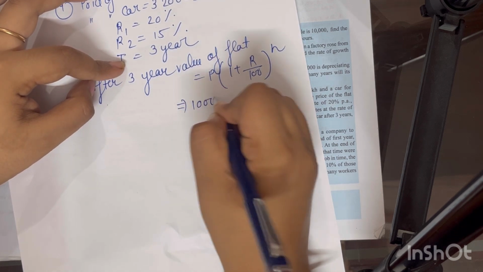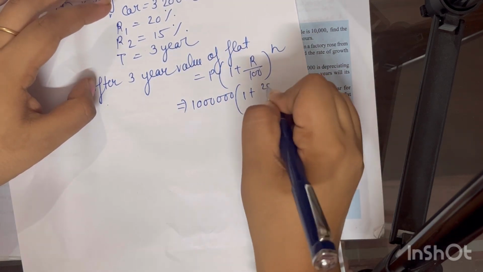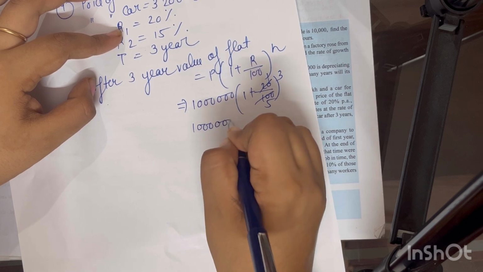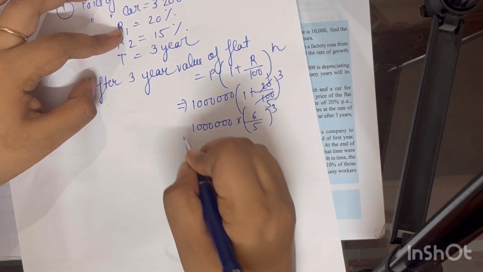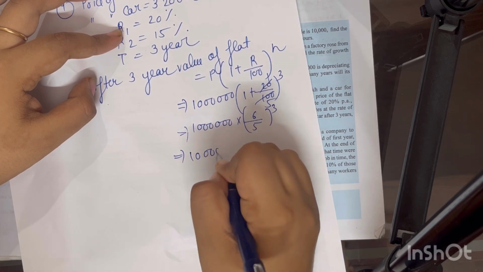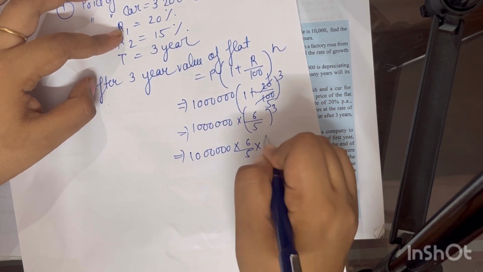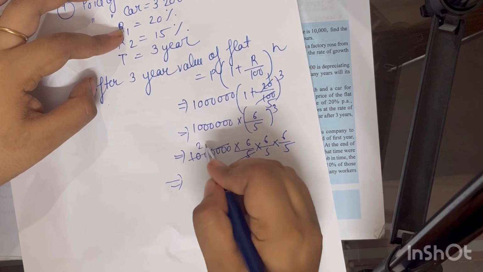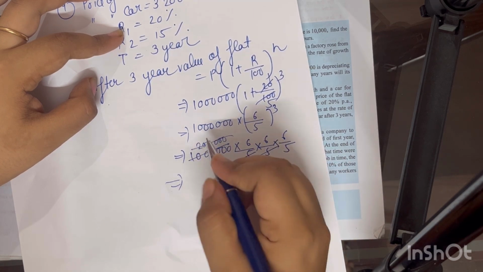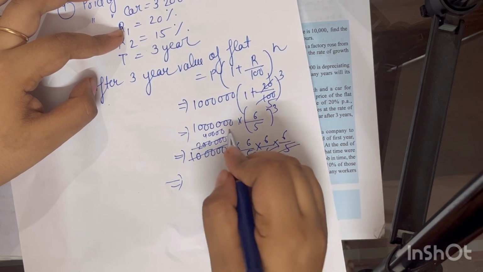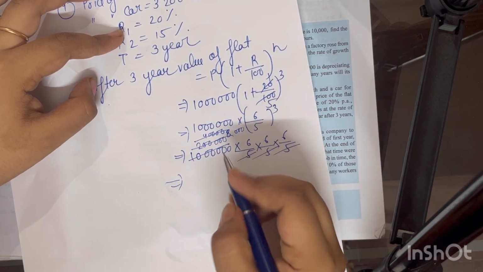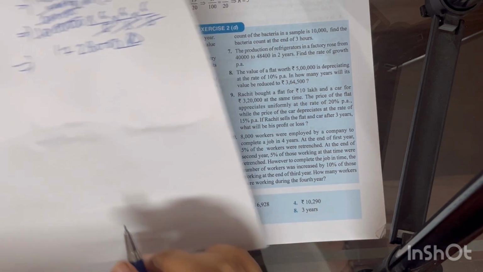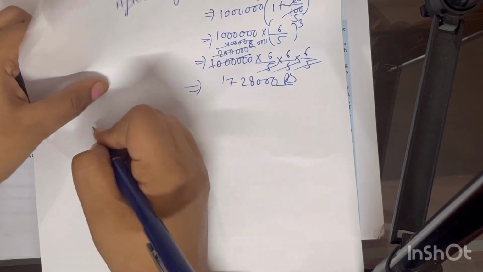So 10 lakh times (1 plus 20 by 100), which is 6 by 5 into 6 by 5 into 6 by 5. It will be 1,728,000 rupees.